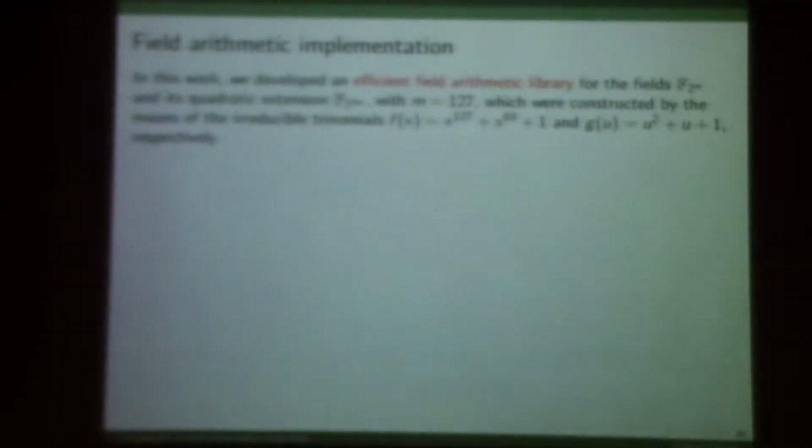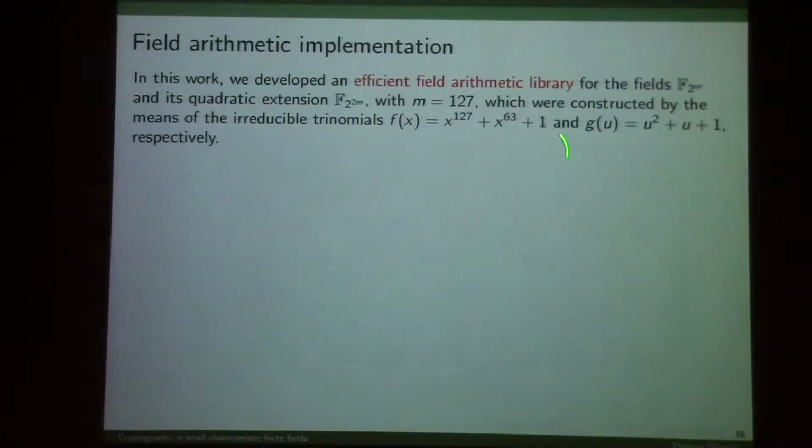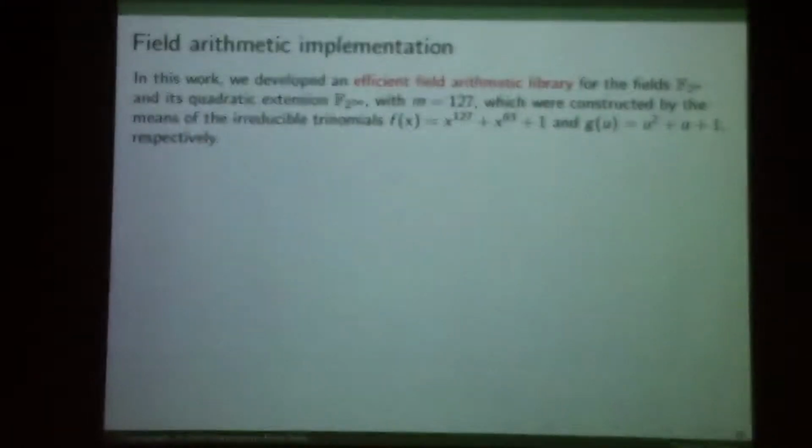So we chose this polynomial here with degree 127, and this allows us to perform a modular reduction very efficiently. Modular reductions are required in the main field arithmetic operations like multiplication and squaring.